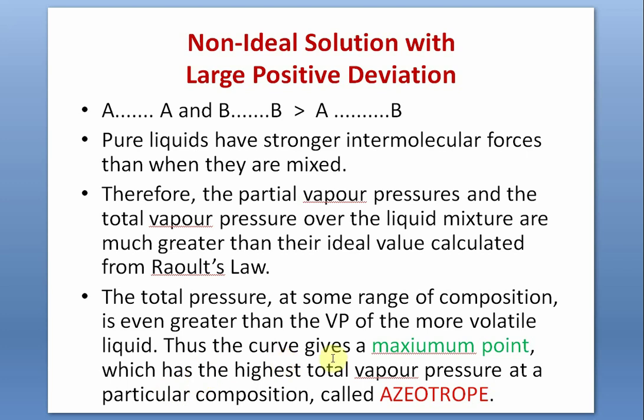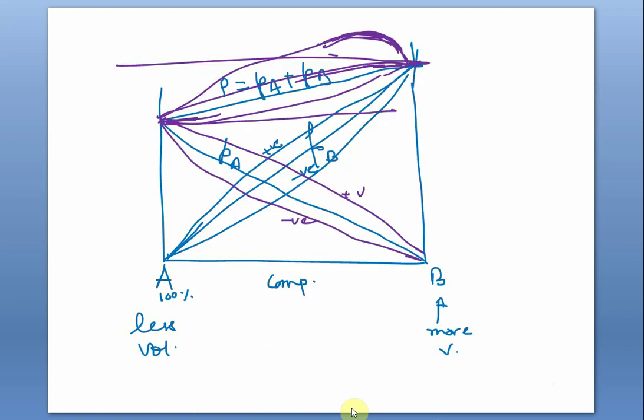Thus the curve gives a maximum point which has the highest total vapor pressure at a particular composition. I repeat, at a particular composition, and that composition is called an azeotrope. I told you this composition.